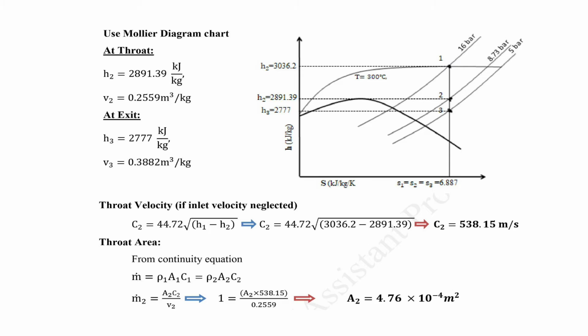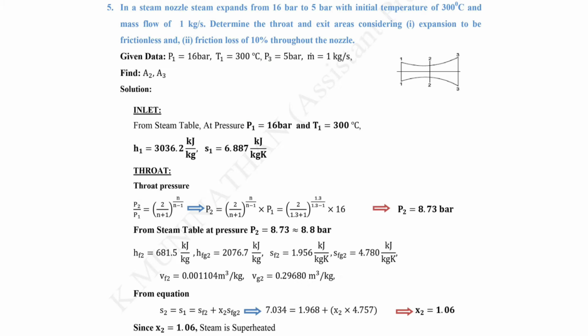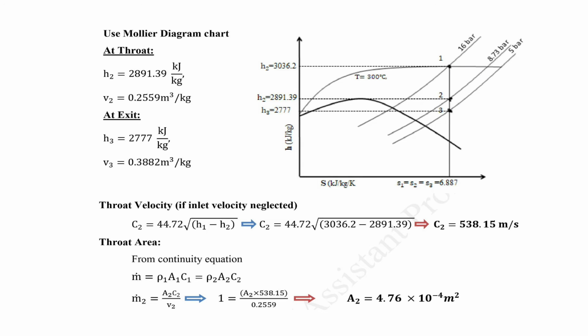Here the mass flow rate at section 2 is equal to A2 C2 divided by V2. From that we can calculate the area 2 value. Here the mass flow rate at exit is equal to 1, because the problem has already given the value 1 kilogram per second. We can substitute that mass flow rate and then we can get the exit area of the nozzle.